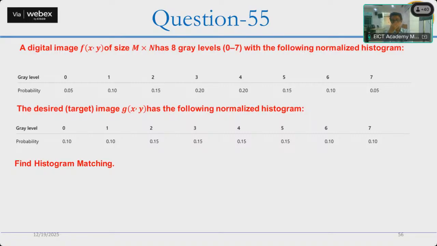We've already done a problem on histogram matching. You need to calculate the PDF, CDF, the new levels and the new n of k. What will be the new n of k? Many values will map to the same gray level and then it will add up, right?